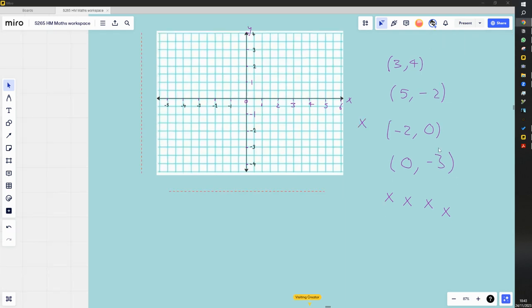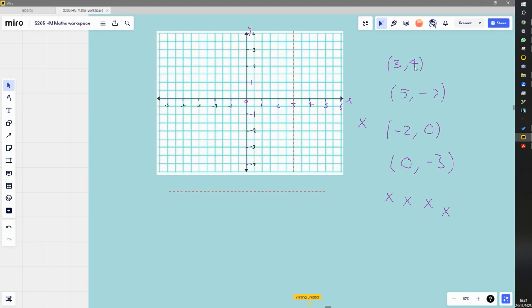So I've got these dotted lines to show you a little bit more what I mean, but the 3 refers to the x coordinate. So in other words, we could take this line here, which goes on the 3 of the x coordinate, and that means it's going to be somewhere on this dotted line.